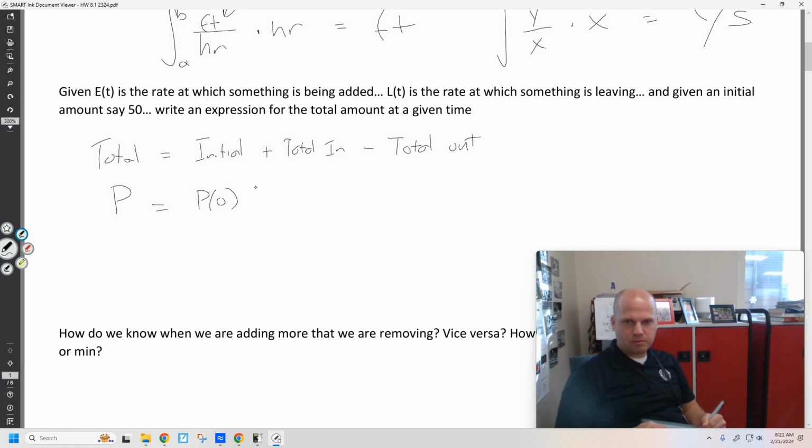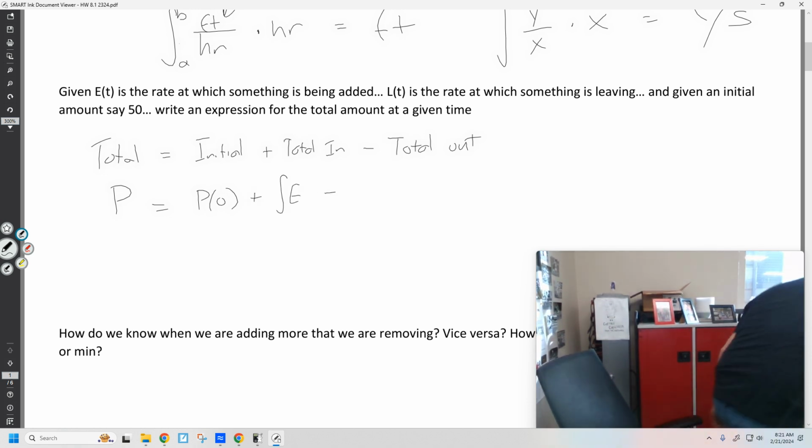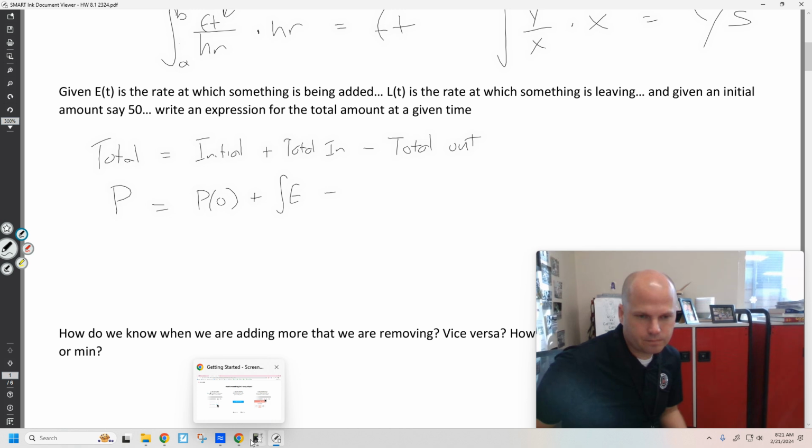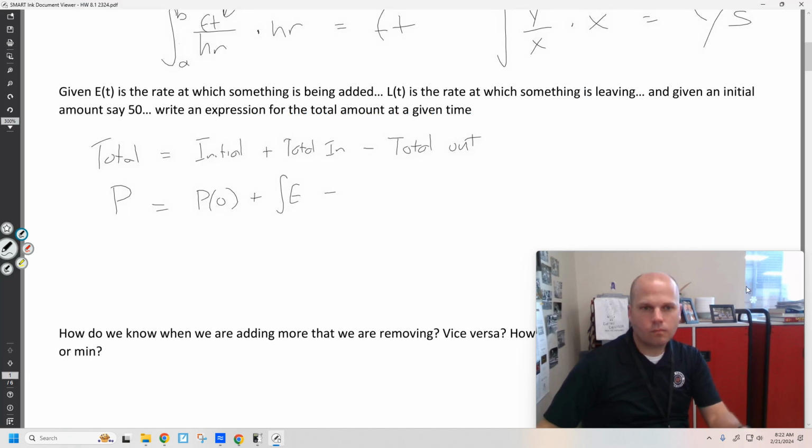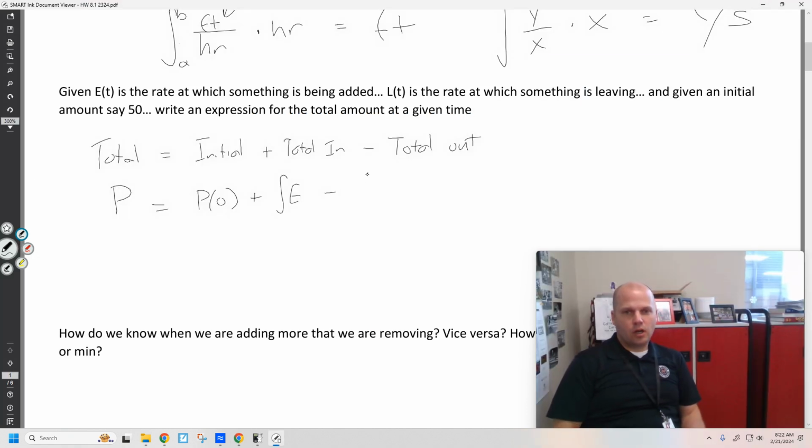And when my cursor comes back, I'm going to do that. Accumulate my rate in. Hold on, I got to get the phone. All right. Accumulate your rate in to get a total in. Accumulate your rate out, you get a total out.